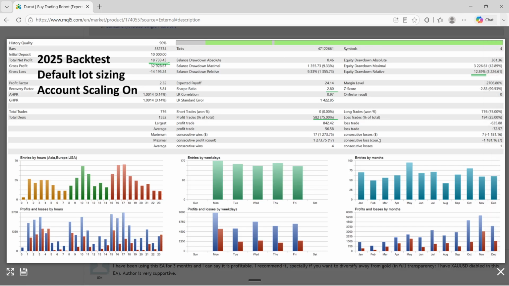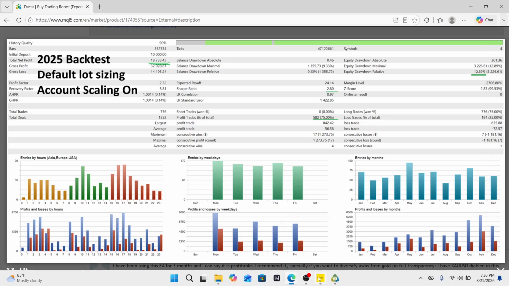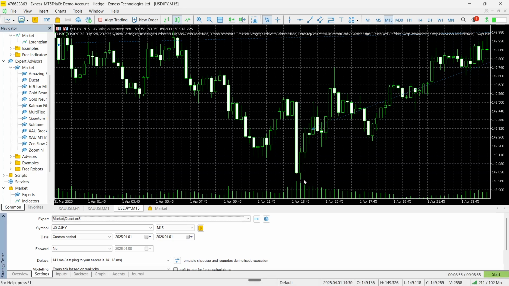So let's compare this to my own personal backtest. Like I said at the beginning of this video, I was able to carry out the backtest on this EA. As you can see, I already have it installed. I used the recommended symbol, here the JPY, on the 15-minute time frame for a custom period of 1 year ranging from the 1st of April 2025 to the 1st of April 2026.